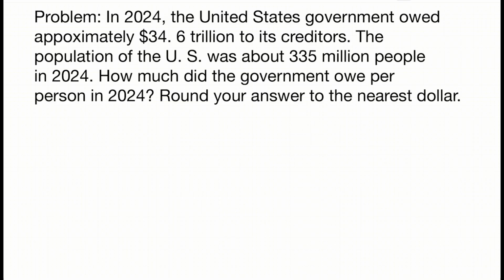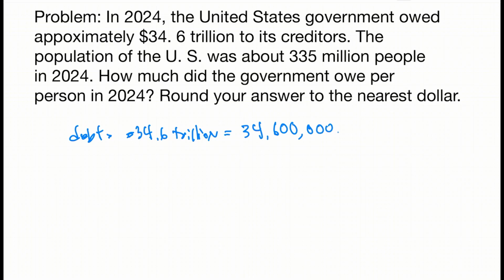So that's our problem. We're going to deal with the United States debt and how much per person, and talk a little bit about that and use scientific notation. So what do we really know? First of all, we know the debt, total amount of money owed by the country, is $34.6 trillion. And trillion can be written as 34, and then there'd be 600 billion.